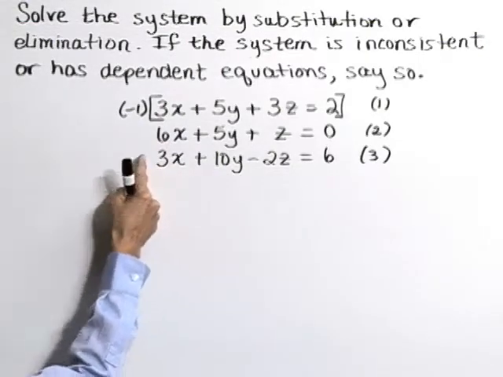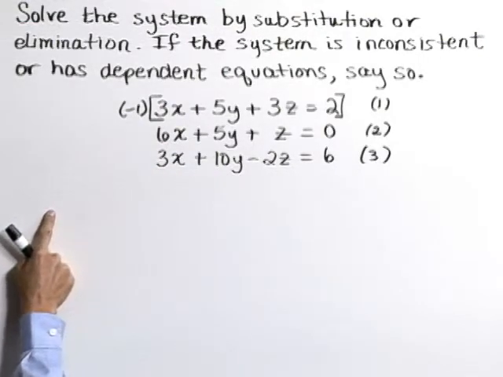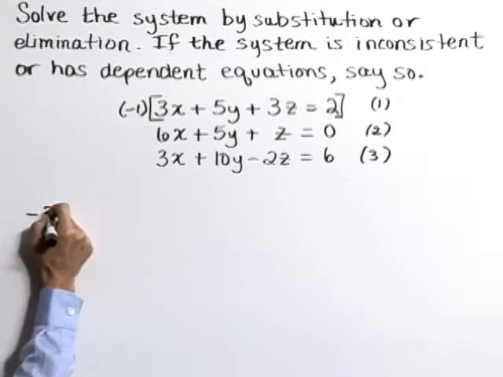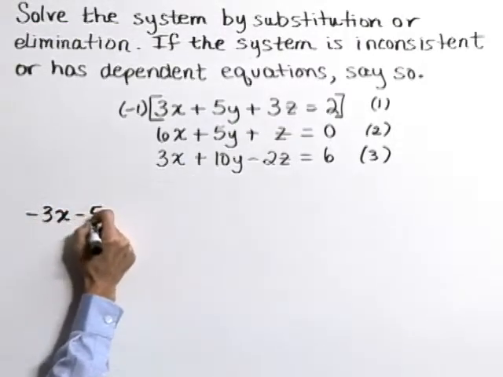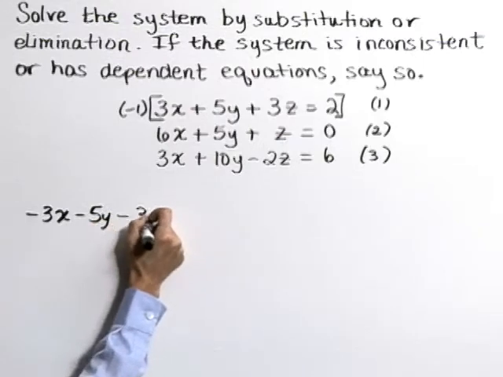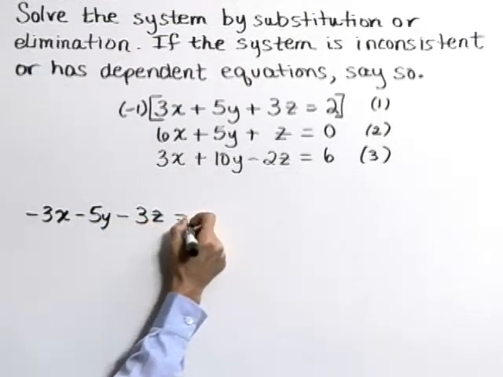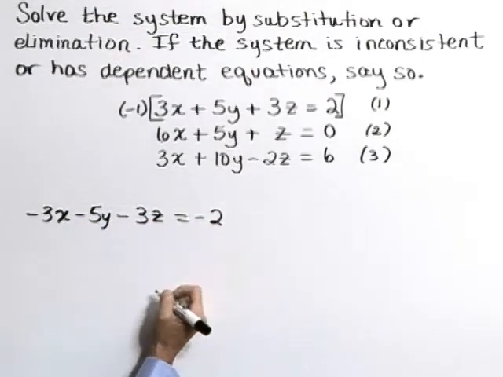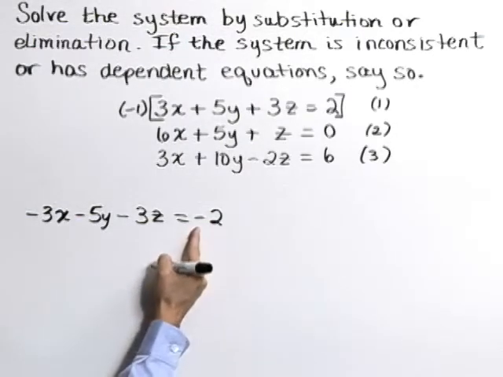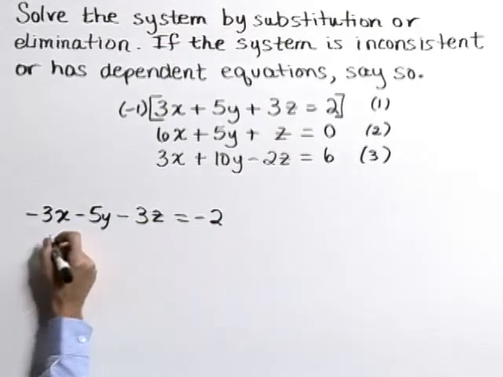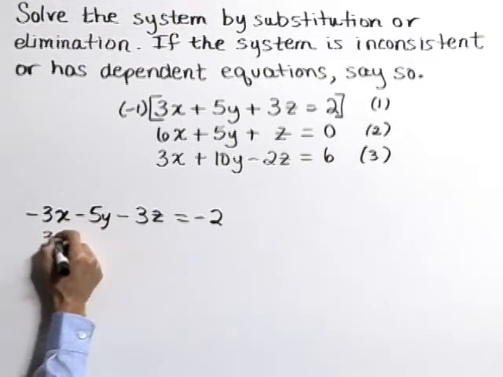inverses. So equation 1 becomes a -3x minus 5y minus 3z is equal to -2. So that was -1 times equation 1. Let's just rewrite equation 3 now.